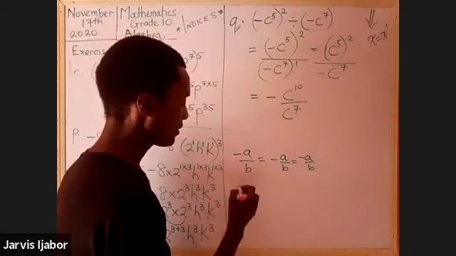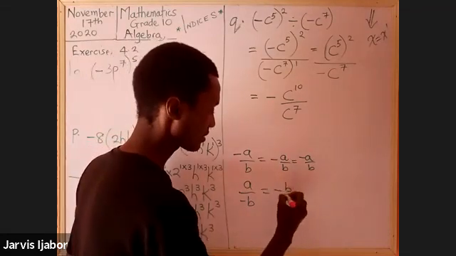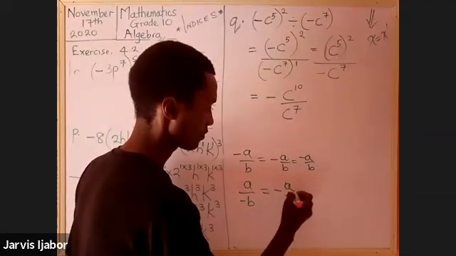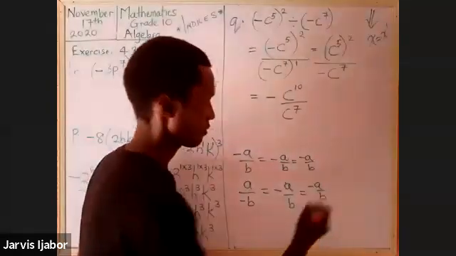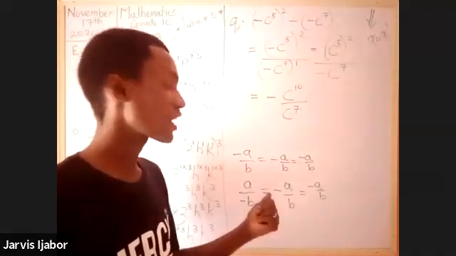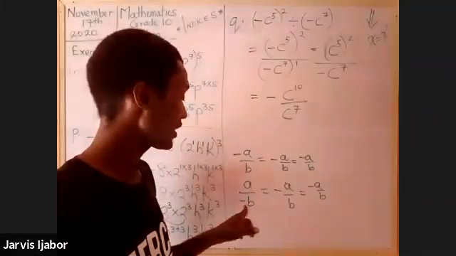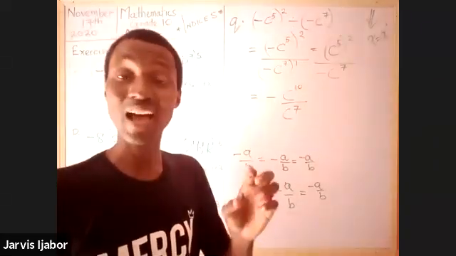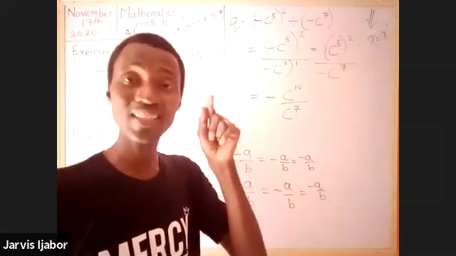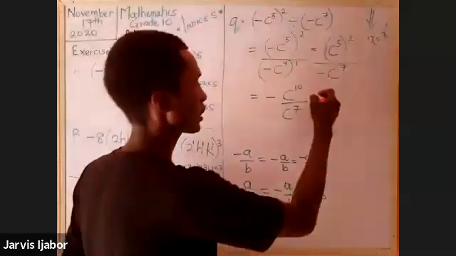If I say a over negative b, the answer will still be this or this. It's very important to take note of this, because I sometimes see students dropping the negative here. No, once you divide two numbers, the answer will be such that the numerator carries the negative.